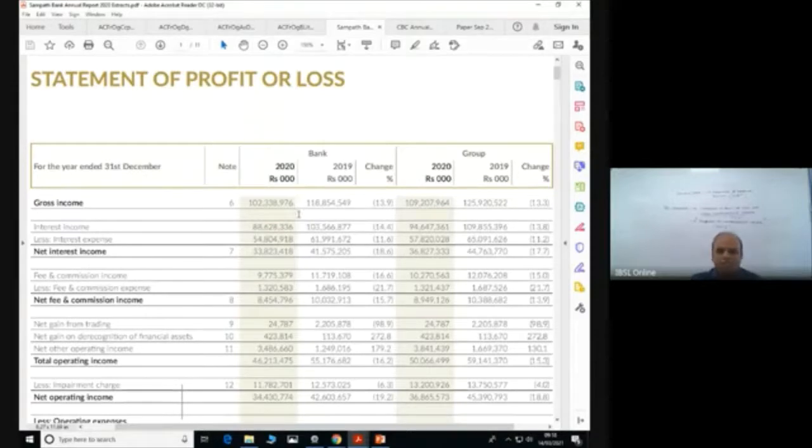So just look at it. What is the number? Can somebody read this number? The first number, gross income 2020. What is that number? I want somebody to speak out. How do you pronounce that number? This number starting with 102, 338.